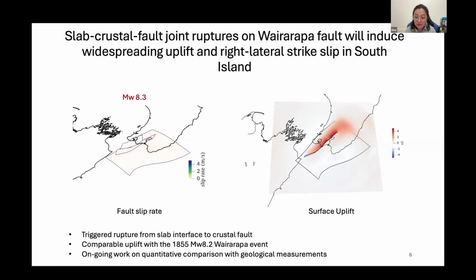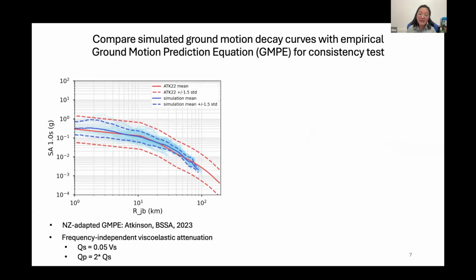Because it's a strike slip fault, this uplift is quite unique for such an event. So the hypothesis is that a part of the Hikurangi has ruptured and contributed to the significant uplift. Our ongoing work is trying to improve or modify the model setup to make a more quantitative comparison with geologic data. So stay tuned if you're interested.